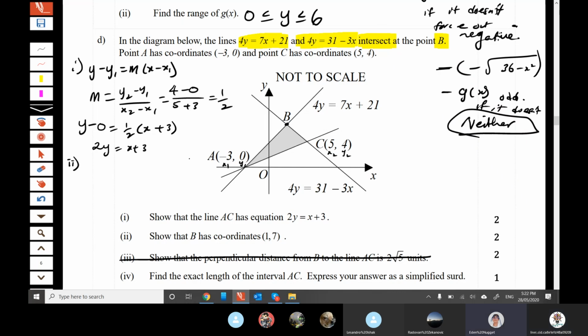Oh, simultaneous. Correct. You've got 2 lines and they intersect at B. The best way to find it is to do simultaneous equations.